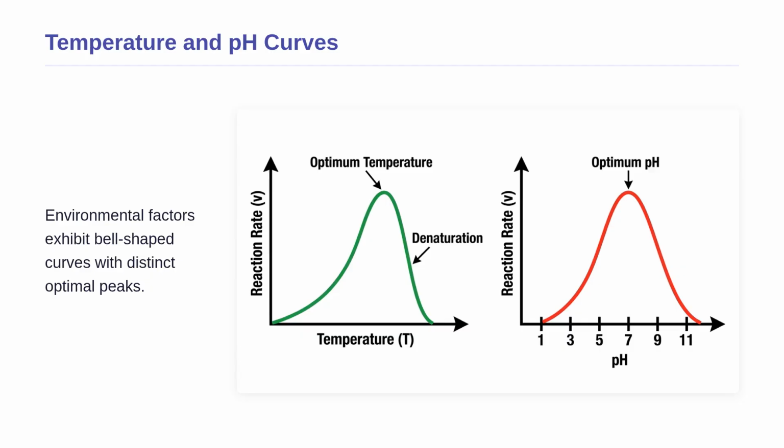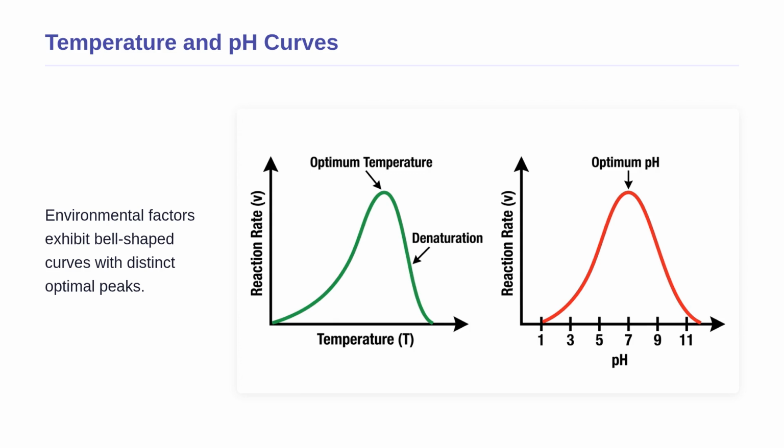Let us visualize how these environmental factors affect our enzymes. On the left, the temperature graph shows a green curve rising as heat increases molecular collisions. However, right after the optimum temperature peak, the curve plummets to zero. This steep drop represents denaturation, where the enzyme is destroyed by heat.